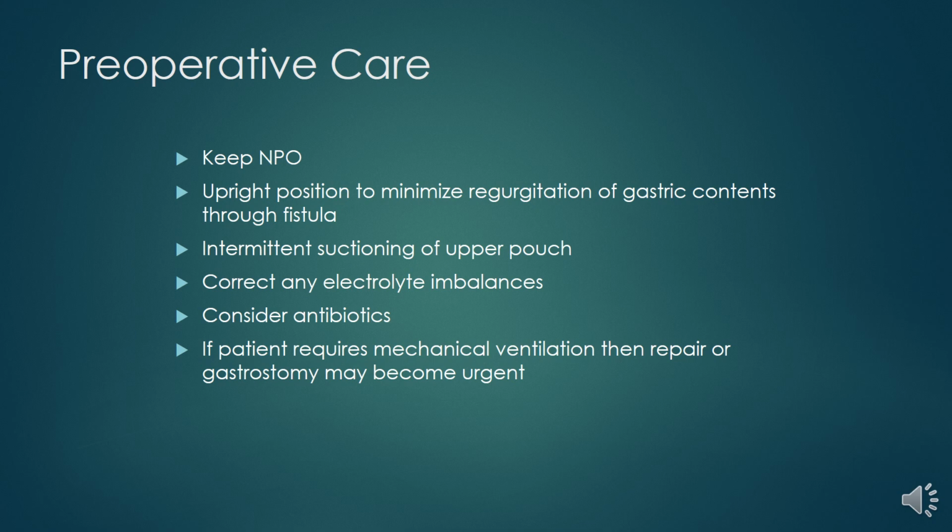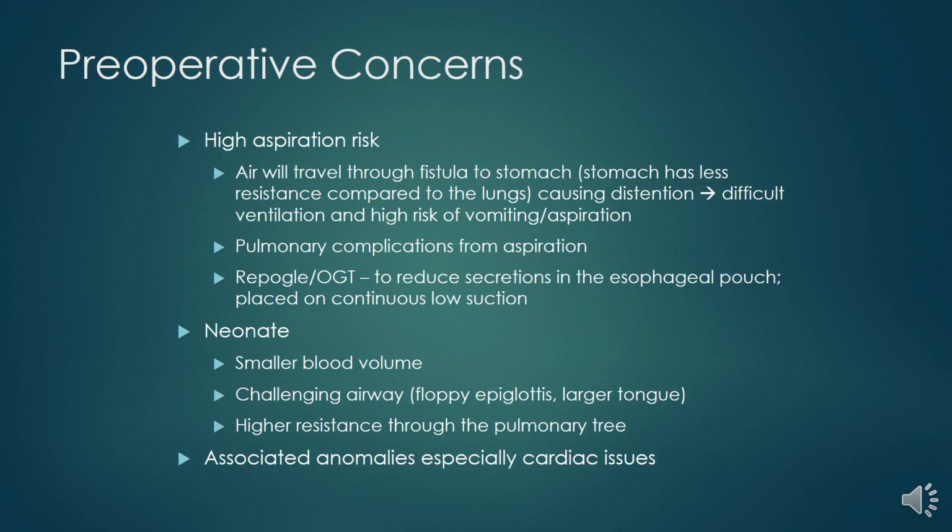If the patient requires mechanical ventilation, then repair or gastrostomy may be urgent, and there is a high aspiration risk. Air will travel through the fistula to the stomach, and that has to be addressed.